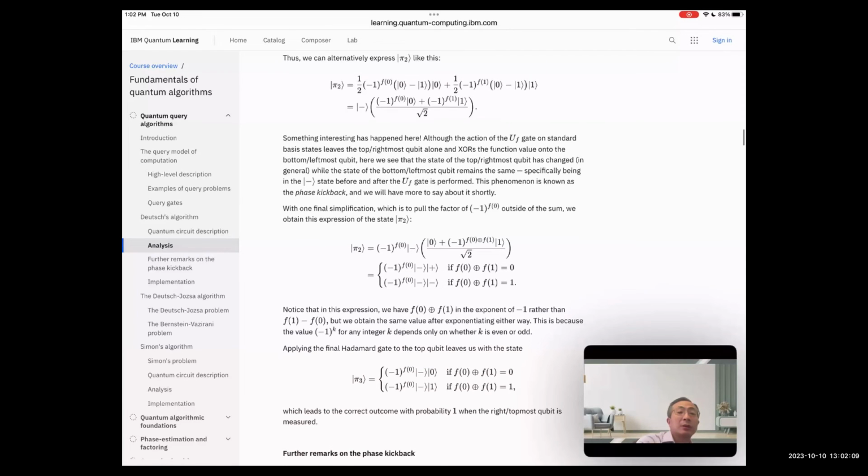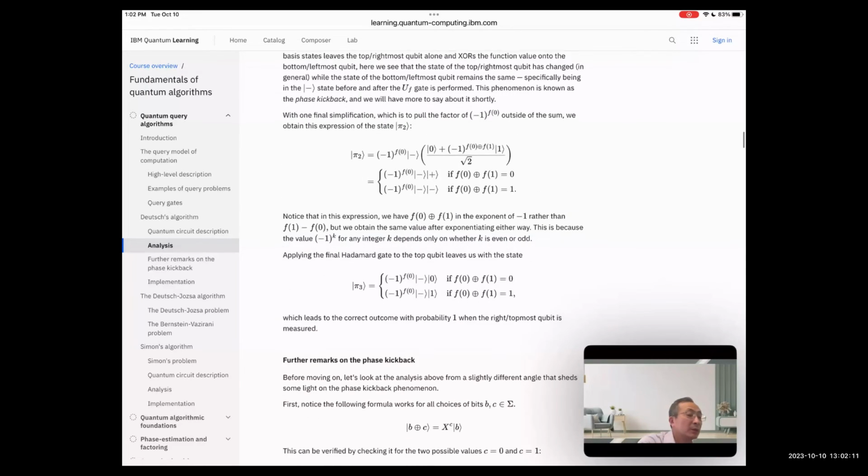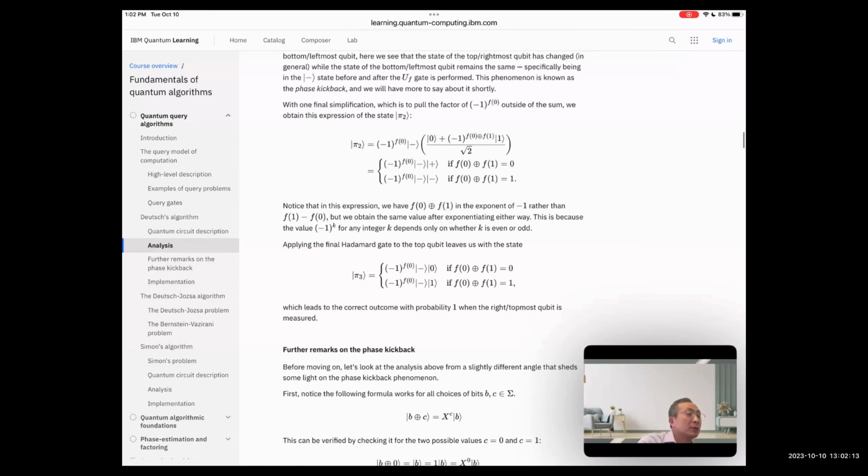We got pi 3. So finally, the actual proof is: if it's even, it's 0. If it's constant or balanced, that's the result.